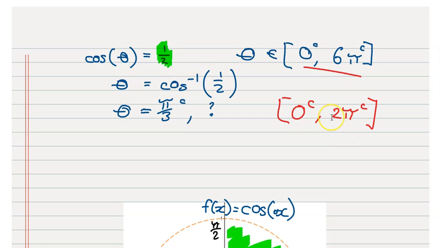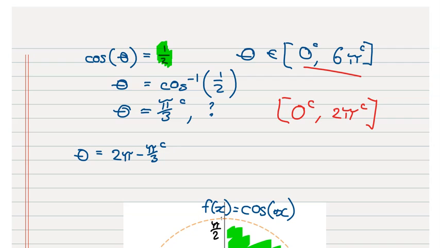So to get the second solution to this problem, I can simply say theta equals 2 pi minus pi over 3 radians.